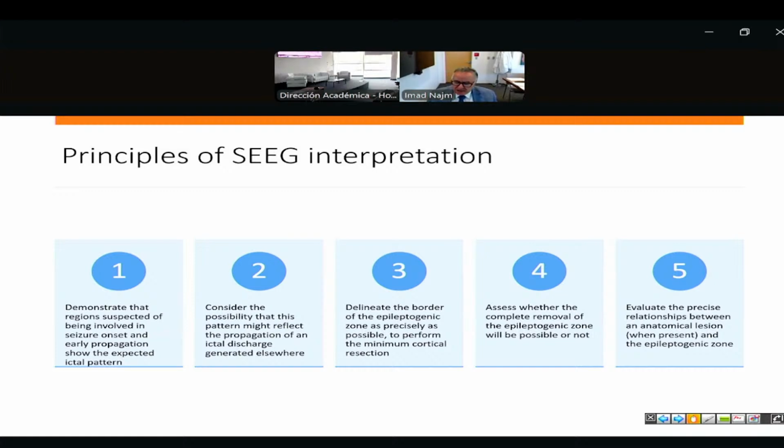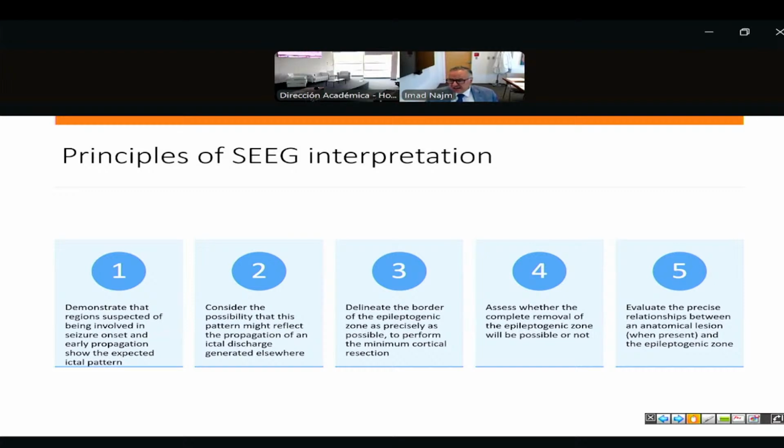At the same time, the anatomy could be a sulcal anatomy or gyral anatomy that may represent one of these borders. And then, of course, like every time we do epilepsy surgery and discuss the removal of one area, we have to talk about the feasibility of the surgery, if it's feasible or not. For example, an area that is always problematic from a surgical standpoint could be the posterior dorsal insula.